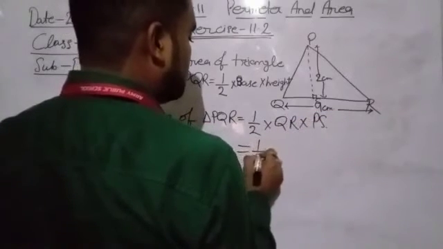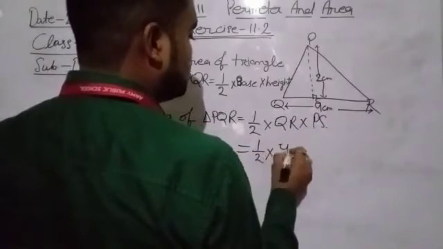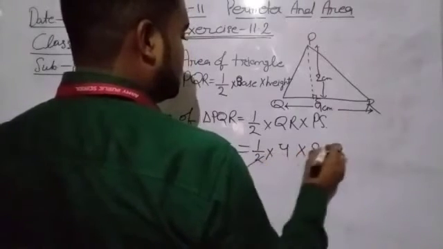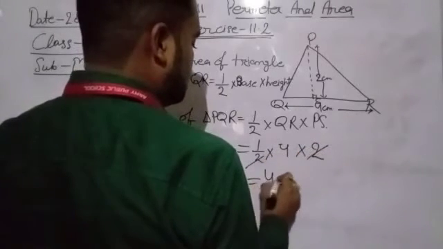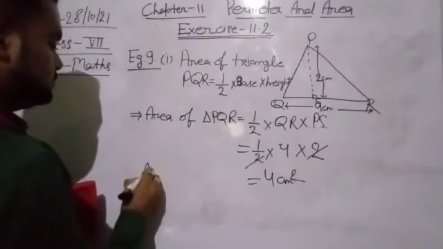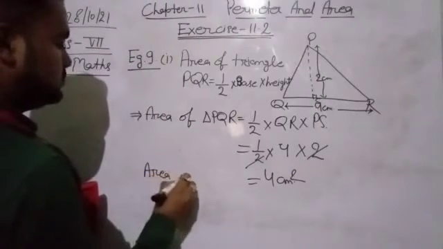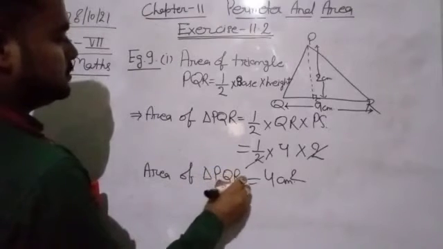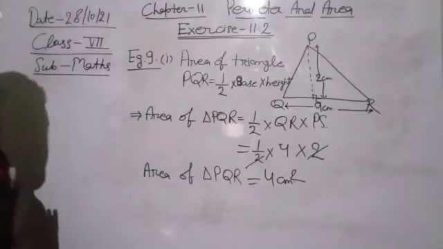So here write all the values. QR is of 4 centimeter, PS is of 2 centimeter. So 4 centimeter square. Area of triangle PQR is of 4 centimeter square.